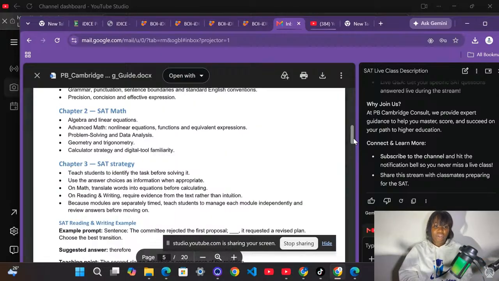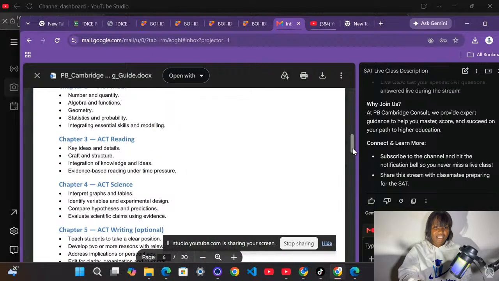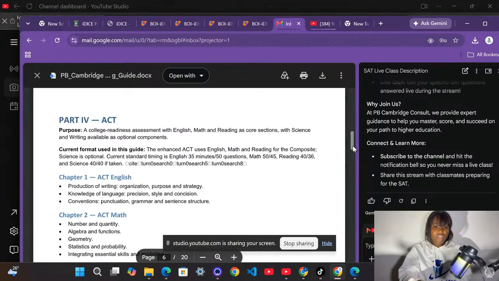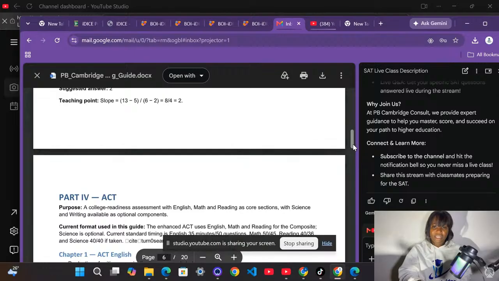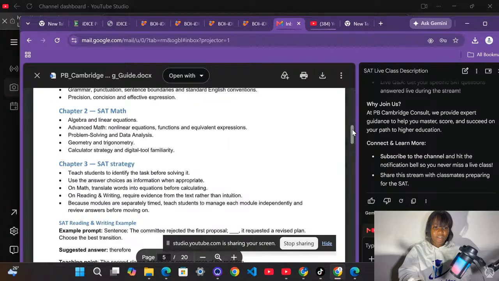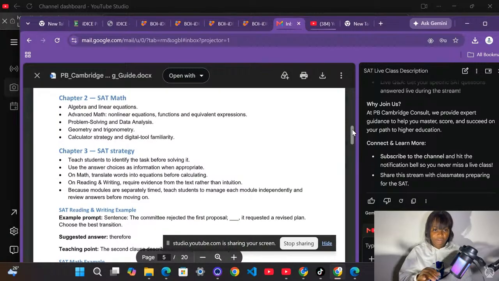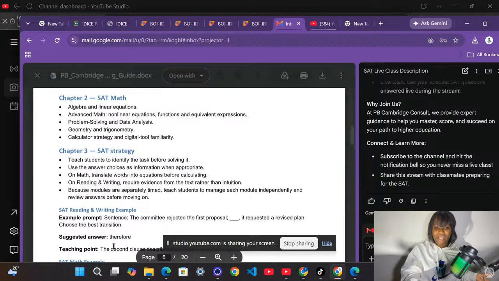So let's look at examples of what the SAT reading and writing section is like, along with the math section. We have an example prompt: the committee rejected the first proposal, dash, it requested a revised plan, and it says we should choose the best transition.